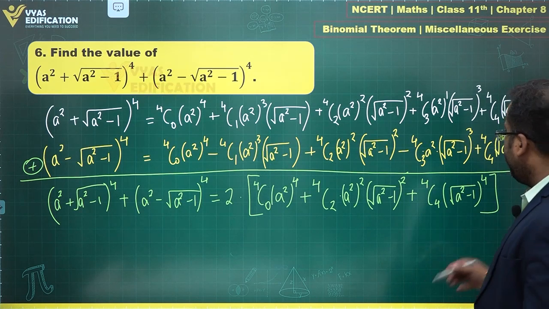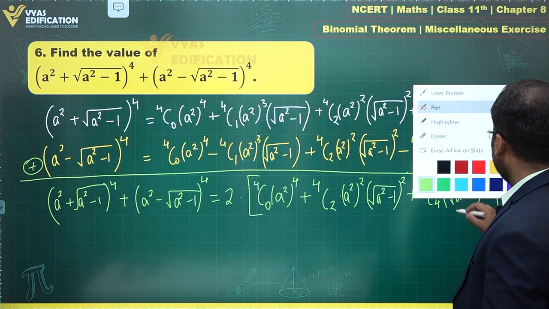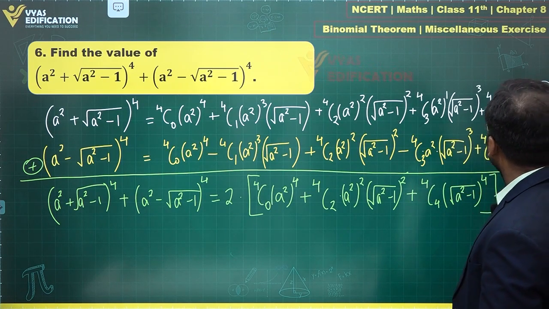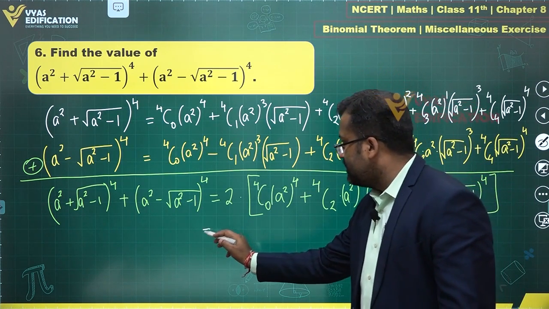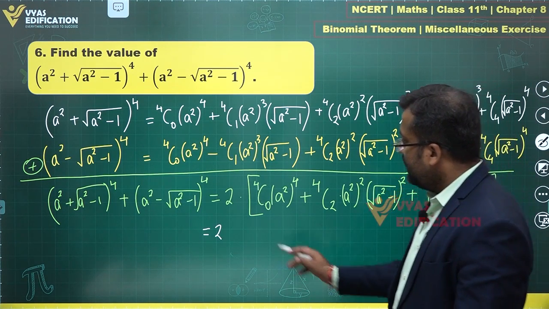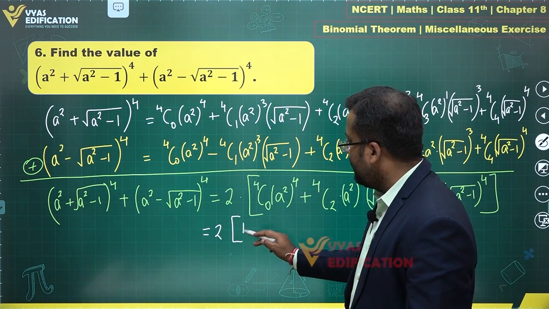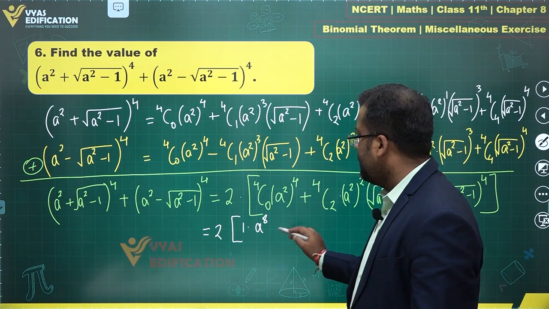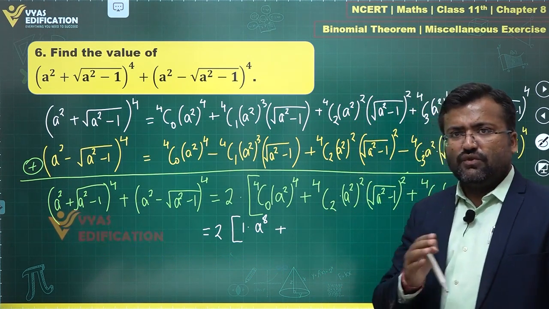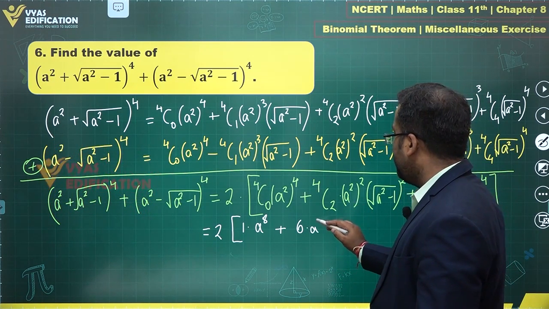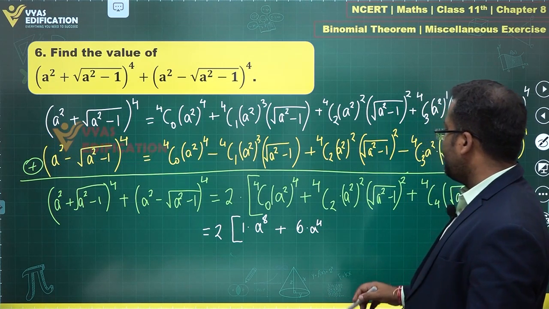Right? Can we simplify this expression further? Yes, we can simplify this very well. Let's do that. This is 2, which is okay. And what next? In the bracket, what do you have? 4c0 is 1, a square power 4 is a power 8, plus 4c2. 4c2 is 4 times 3 upon 2 times 1, which is 6 times a power 4, since a square square is a power 4.